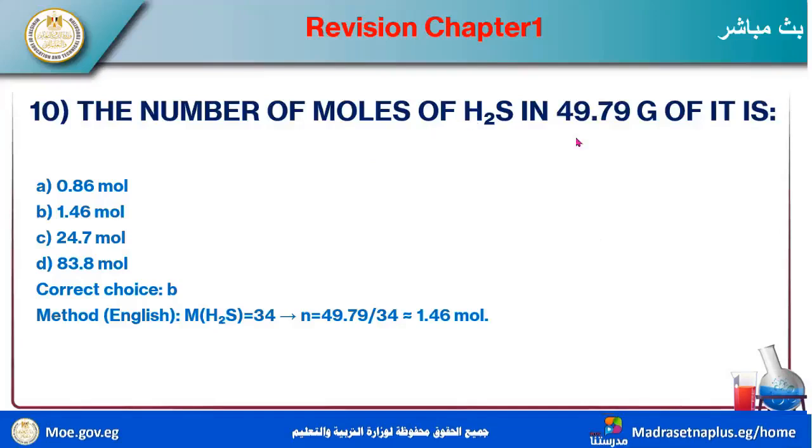Now you can divide 49.79 by 2 plus S, 34. You must use the calculator so you have the correct answer. The molar mass of H2S is 34. The number of moles equals 49.79 divided by 34. The true answer is 1.46. The choice is B.